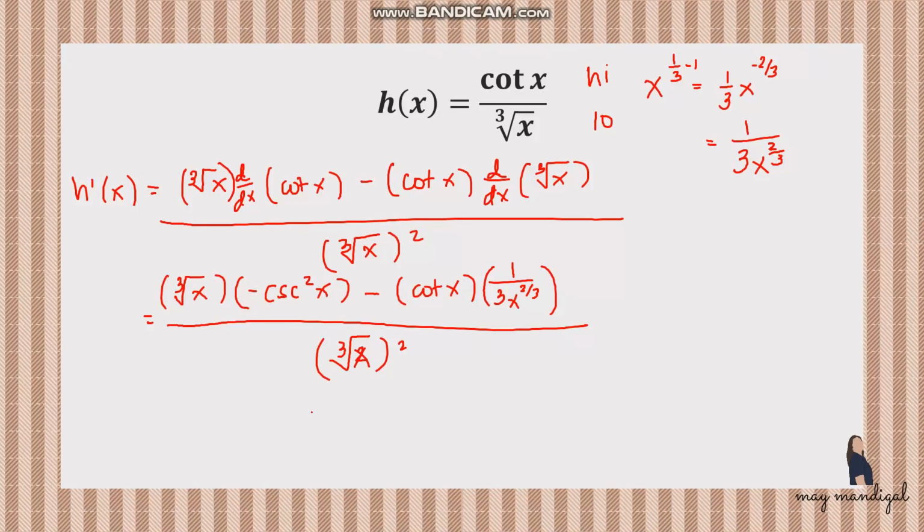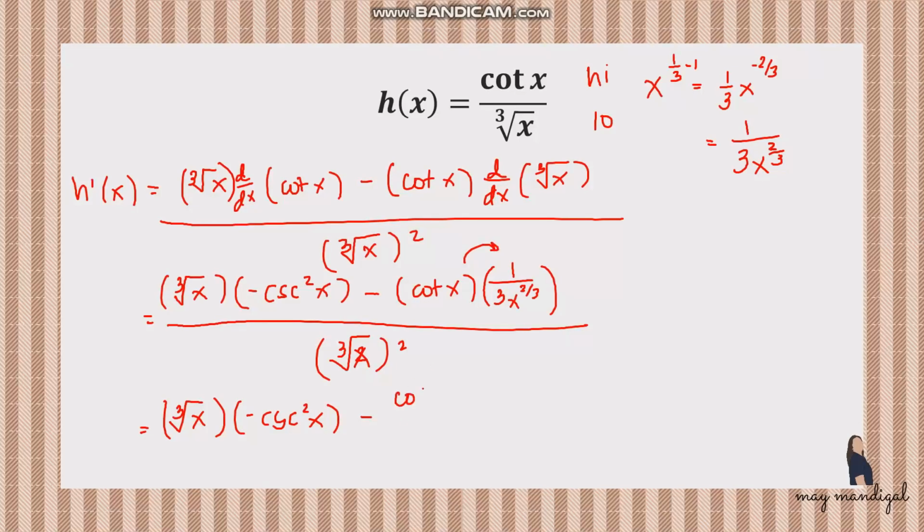Now, since the numerator involves a fraction, we have to simplify this by getting the reciprocal of the denominator and multiplying it to the numerator. So what we have is, right here, cube root of x times the negative cosecant squared of x minus, then let's multiply these two.